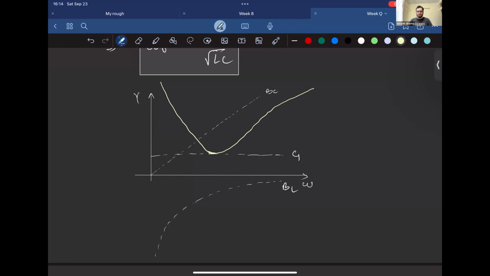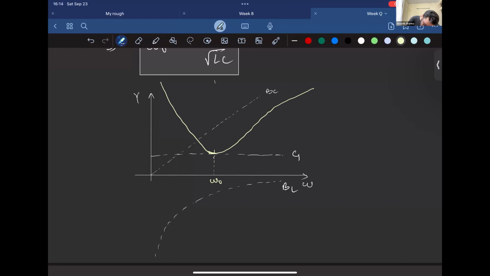Now, the point at which it intersects the conductance curve is nothing but our resonating frequency, right? Because that means the vector addition of BL and BC is 0.